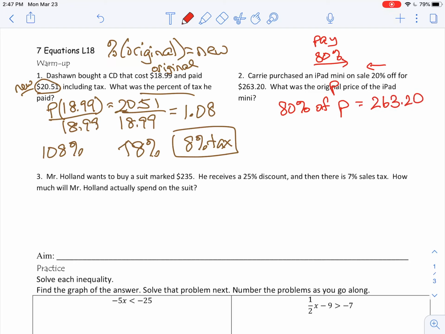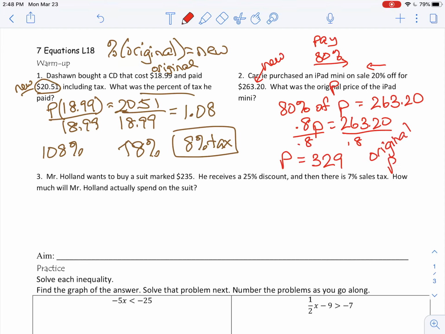So 80% of the original price is equal to $263.20. This right here is the new. That's what we're paying. That's the new price. So then we change everything into math. And of means, of course, to multiply. We get out our calculators. We divide by 8/10. And we get that P is equal to 329. So the original price is $329.